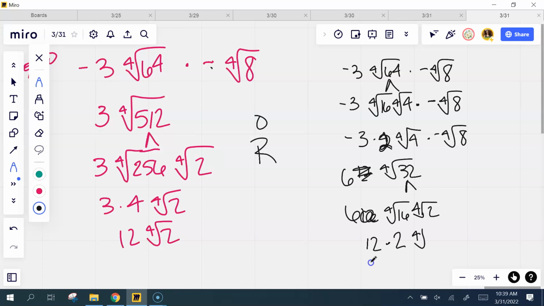That's 2. 4, 3, 2. This is 6. So it's 12. In this case, it was a lot longer to do it this way, right? But over here, if these numbers start out abnormally large, then you're going to have a really big number under the radical that you're going to have to start trying to split up. But whichever way you want to do it, it really doesn't matter. Y'all okay?